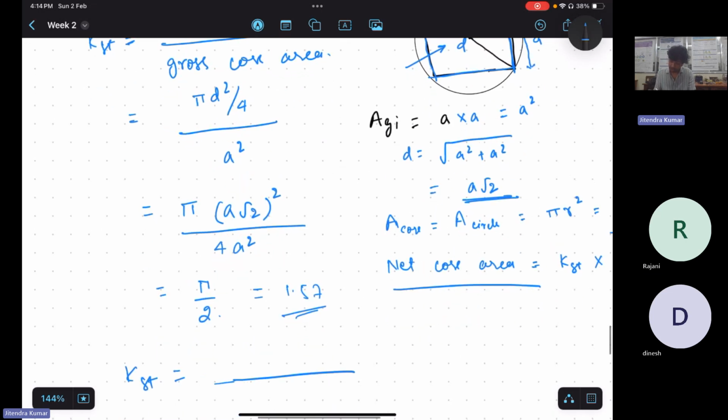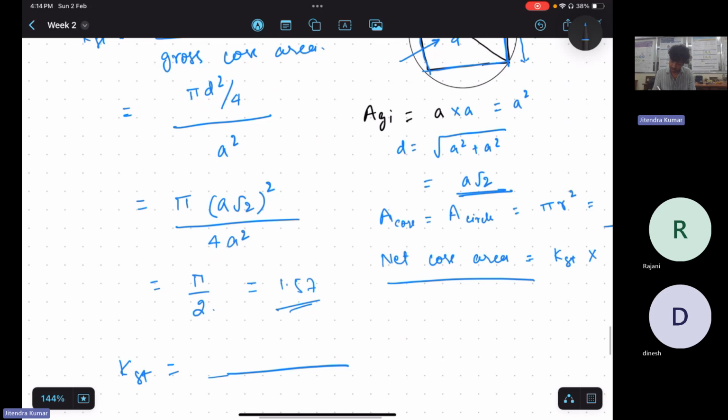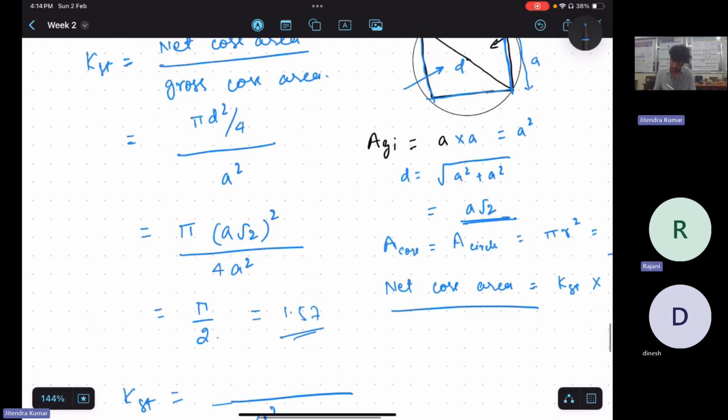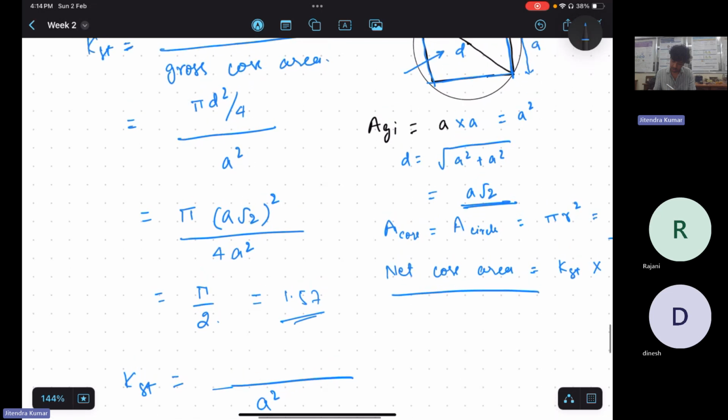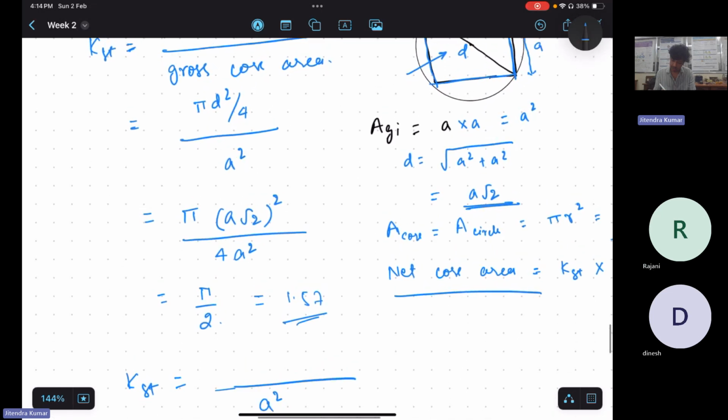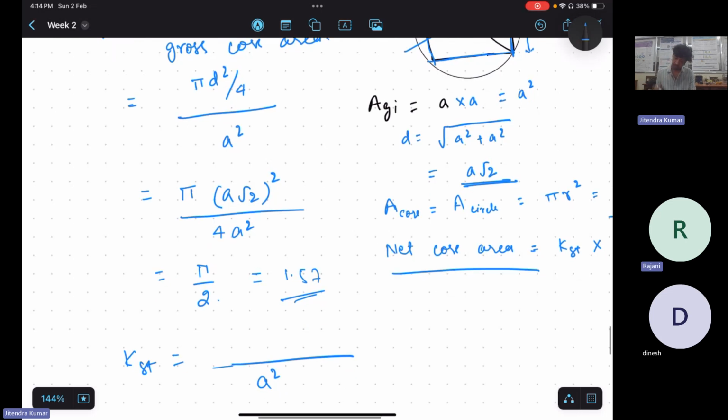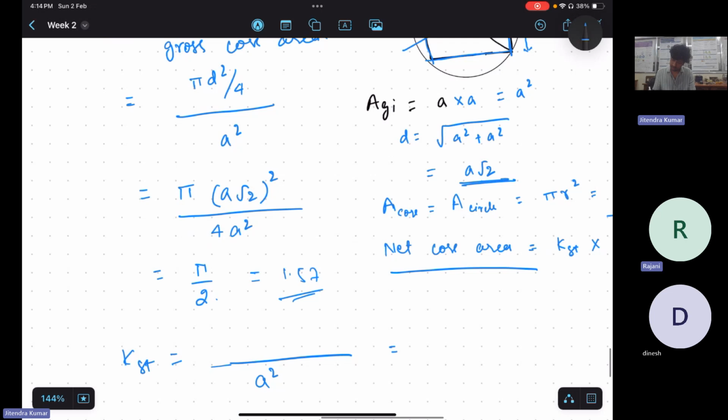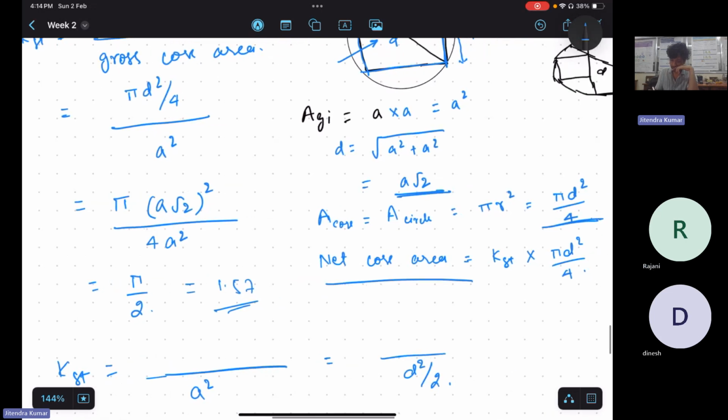So rectangular is A square. A is nothing but D by root 2, so D square by 2 here, and pi D square by 4.